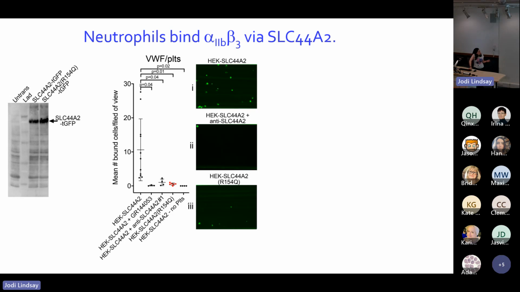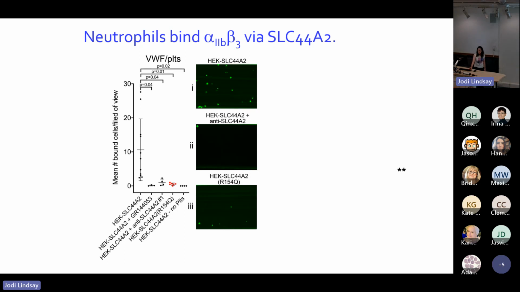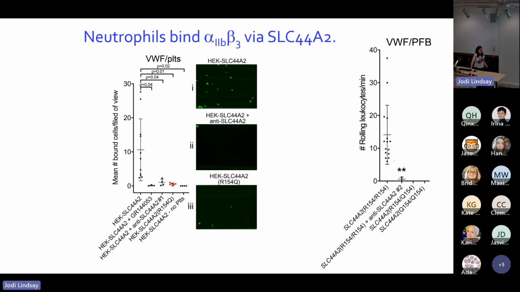Interestingly, when we used the R154Q substitution, there was a significant reduction in the binding to primed platelets. The second approach we took was to genotype healthy individuals. We identified a couple of individuals that were homozygotes for the protective allele.